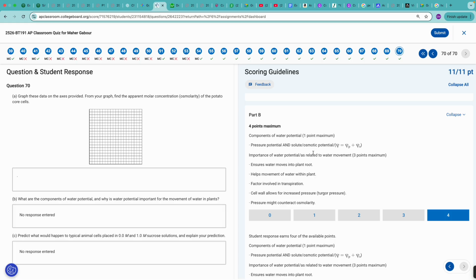You have to say pressure potential and solute potential though. Okay, and predict what would happen to typical animal cells placed in 0.0 molar and 1 molar sucrose solutions, and explain your prediction. So we know that animal cells, if you put them in a 0 molar sucrose solution, meaning very high water potential, because there's no sucrose, there's no solute.